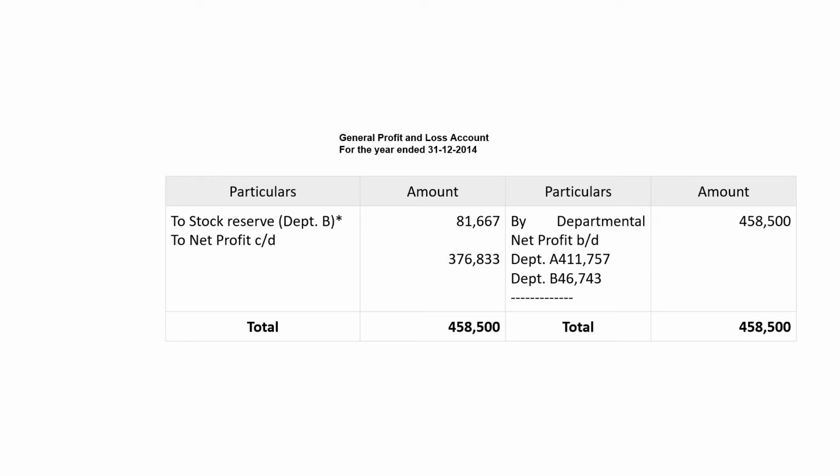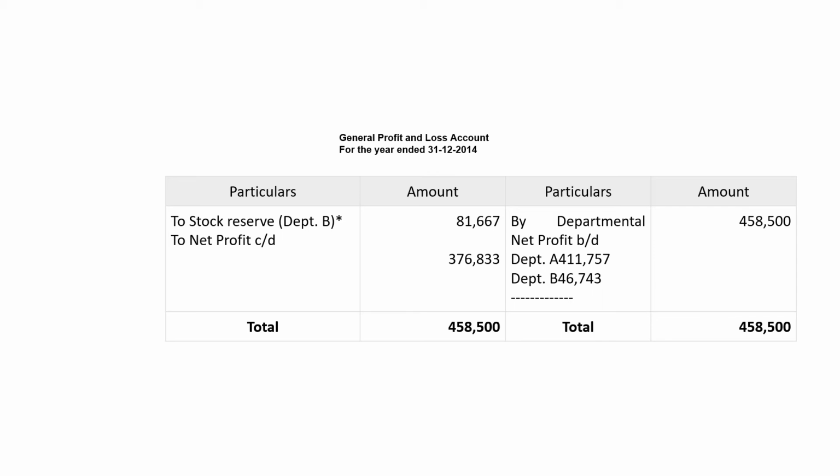So department A has earned a profit of 17,50,000 upon 52,50,000 into 100. So you will calculate the gross profit ratio, that is 33.33%, or you can take it as 1/3. Fine. Now the profit which is unrealized in the closing stock is 1/3 of the 2,45,000. So that becomes 81,667. So this is the stock reserve.